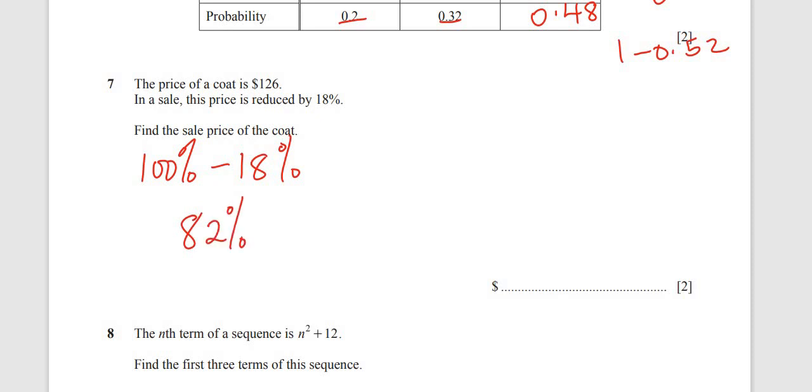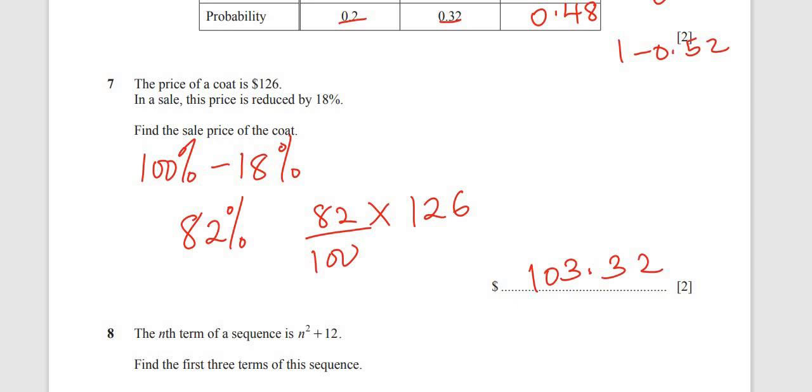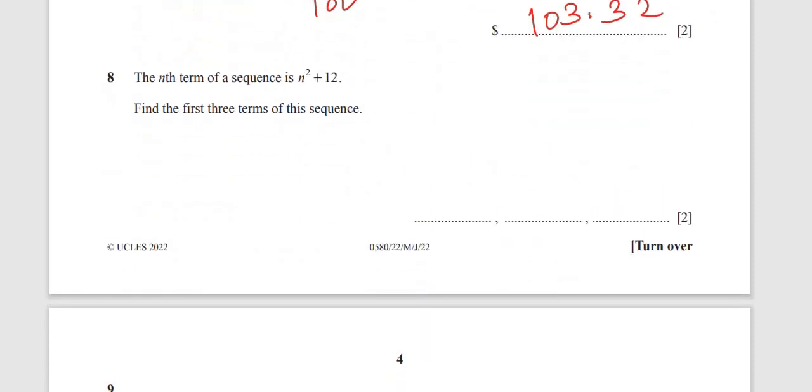So we just need to work out 82% of the original price, which is 126 dollars. And when we work that out, 82% of 126 is equal to $103.32. Okay, then we can move on to question number 8.